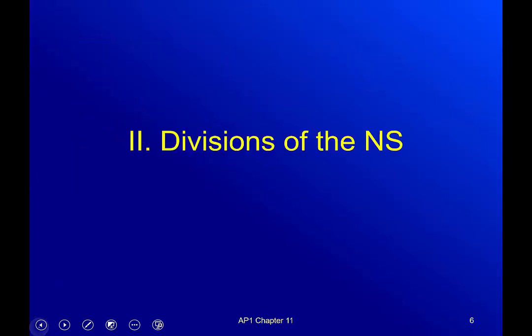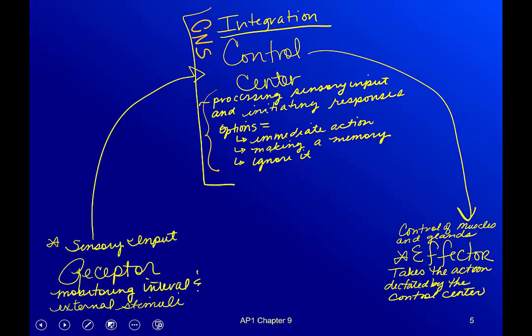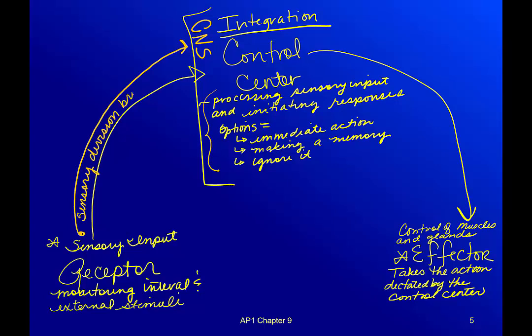So again, if I go back over here to this drawing, the information is going from here up to my central nervous system, right? So this is going to be my sensory division, bringing information into the central nervous system. So again, it's building on this, and we will build on this pretty much for the rest of the chapter.